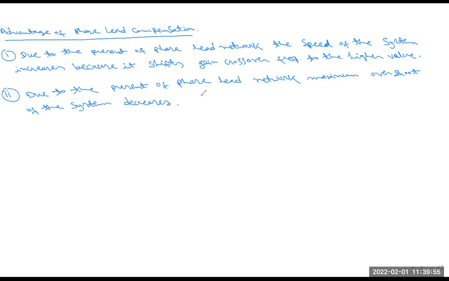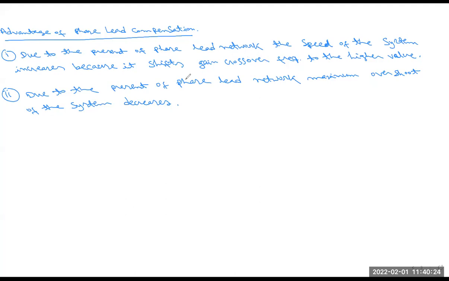These are basically the advantages we use for the stability of the control system. First, due to the presence of the phase lead network circuit, the speed of response is much faster than the lag network, and it shifts the gain crossover frequency to higher value ranges.